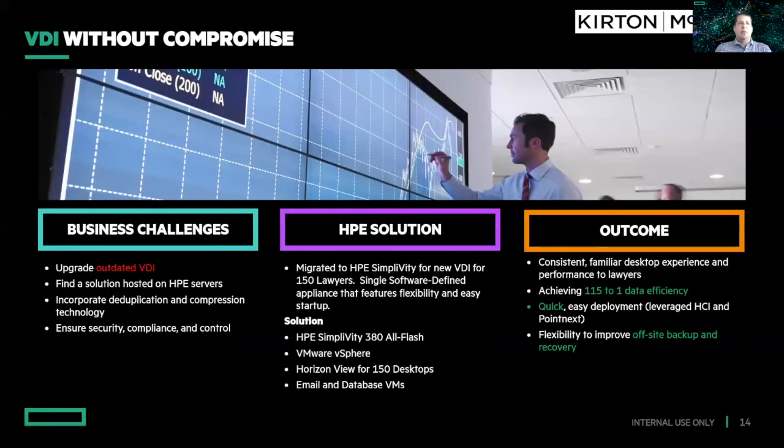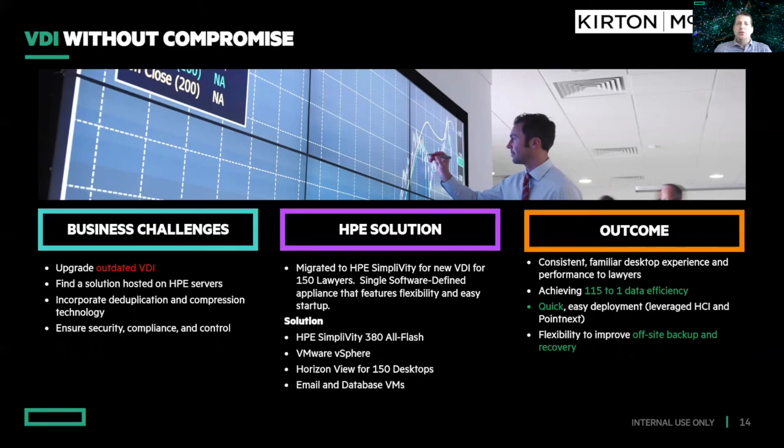Here's a law firm that recently deployed VDI with VMware Horizon. The challenges they faced were an outdated VDI environment. They wanted to incorporate deduplication and compression technology. And they wanted to ensure security, compliance, and control.